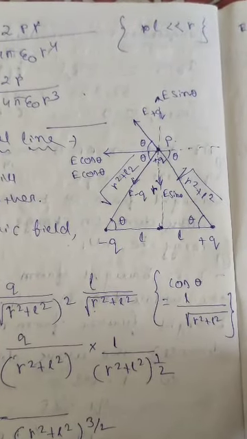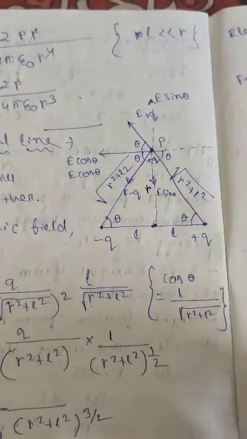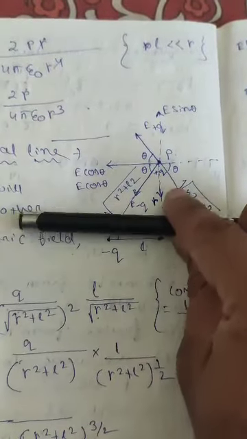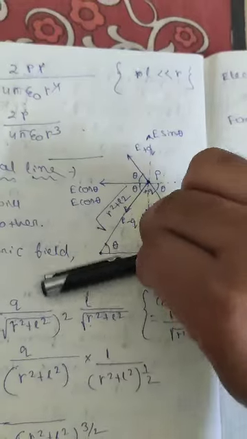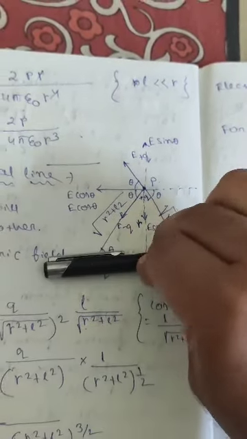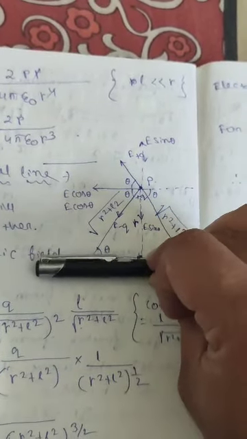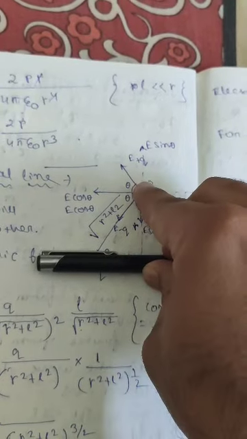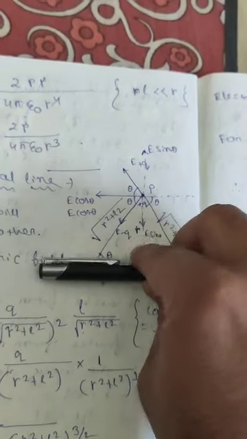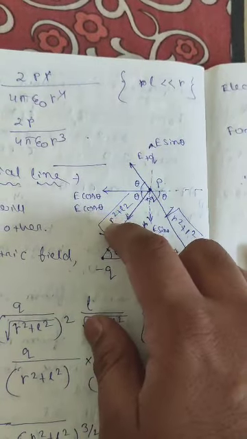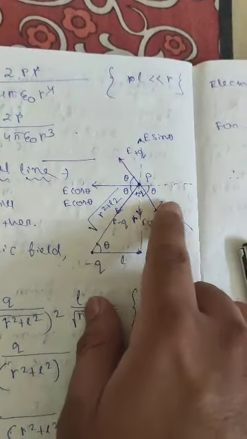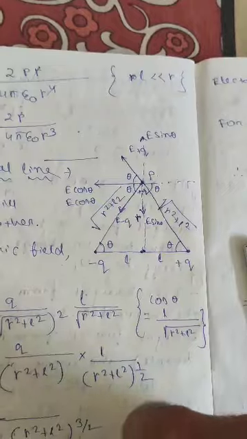The center will not rotate. So from the center to the test charge the distance is R. The hypotenuse is root of R square plus L square, and this side is also root of R square plus L square.